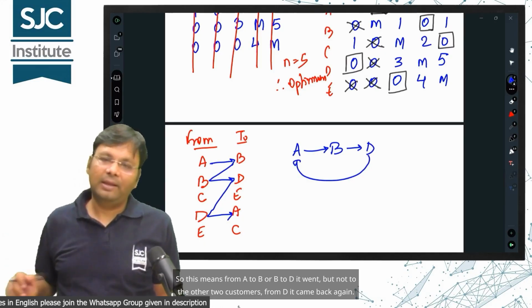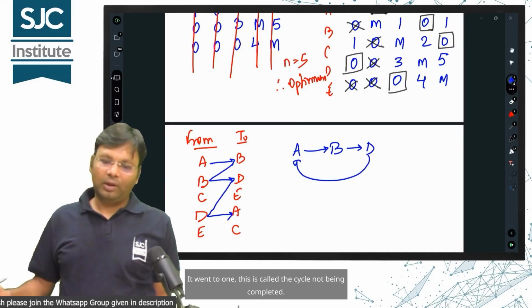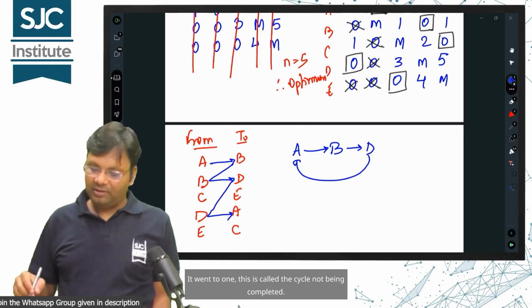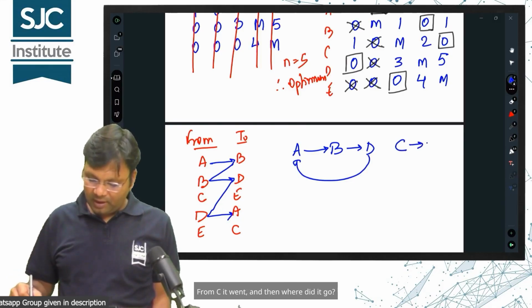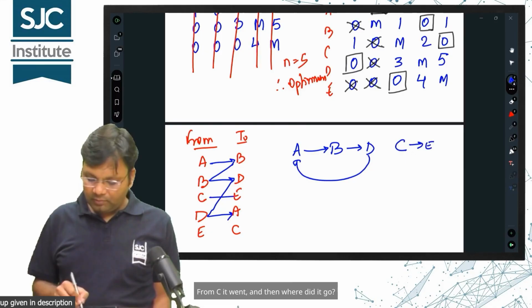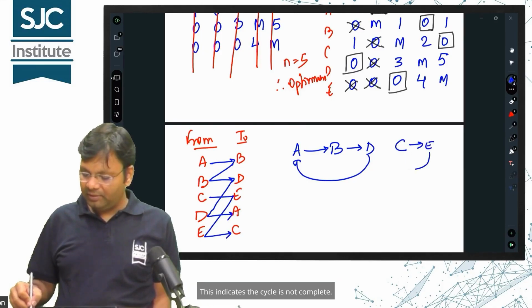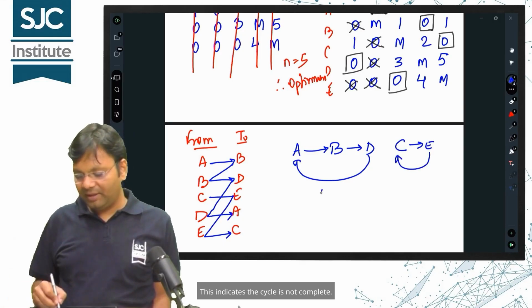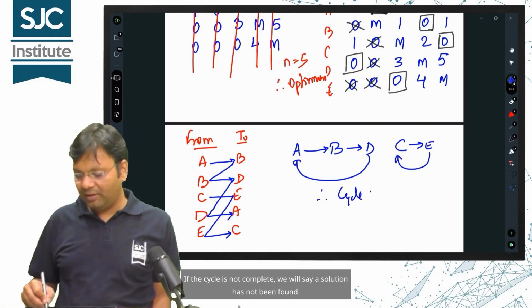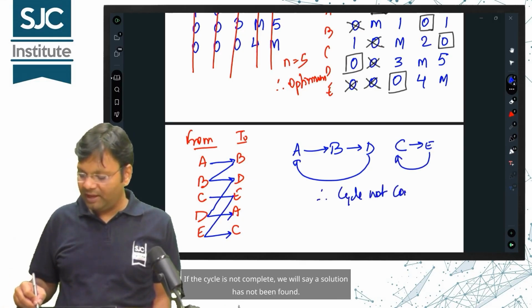From D it came back again. This is called the cycle not being completed. From C it went to E, and then it came back to C. This indicates the cycle is not complete. If the cycle is not complete, we will say a solution has not been found.